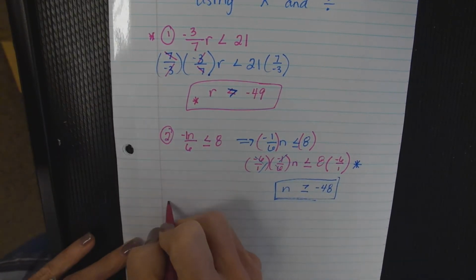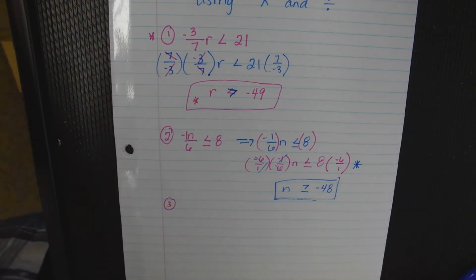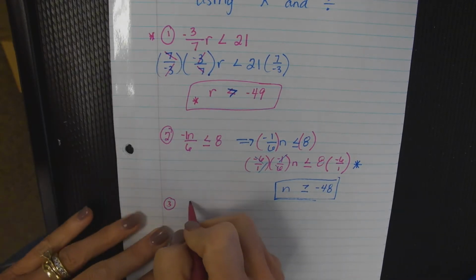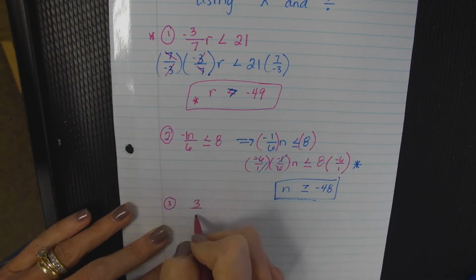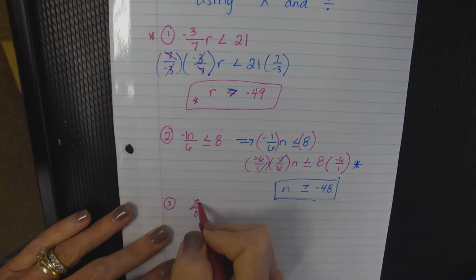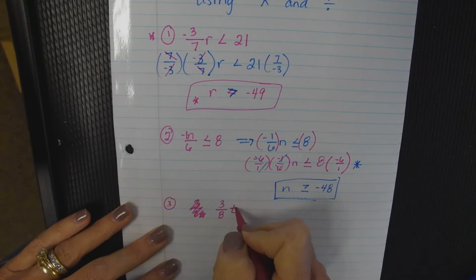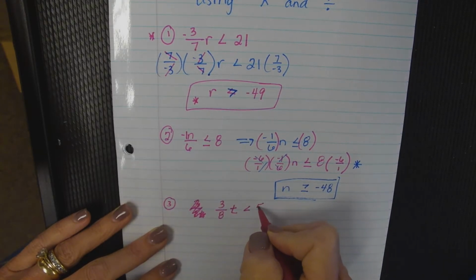All right, so let's look at number 3. Change it up a little bit. Let's look at this one: 3/8 t less than 5.